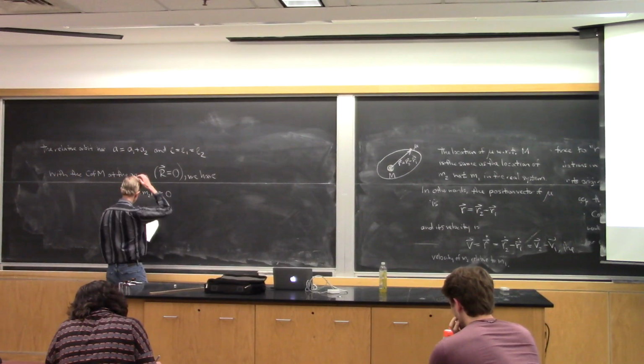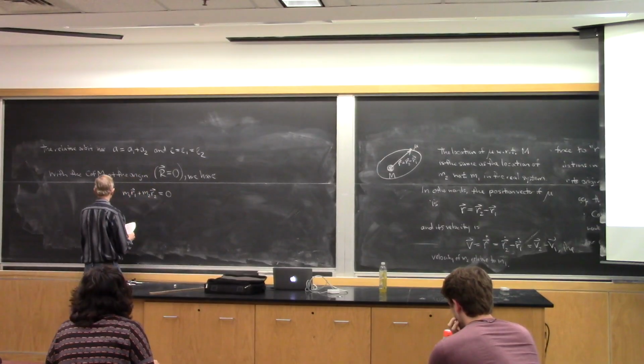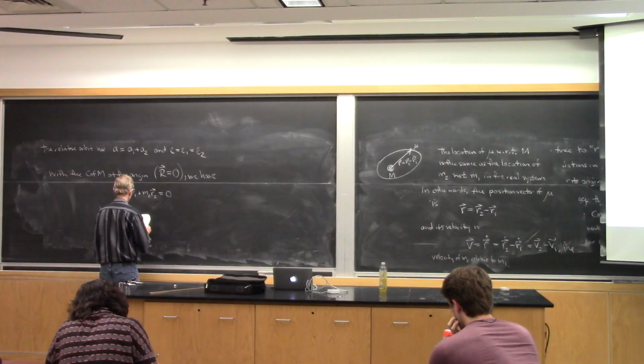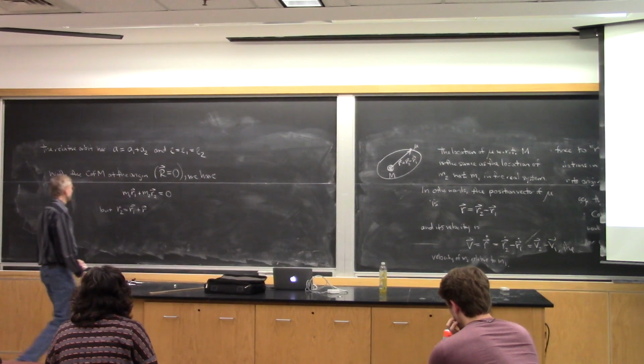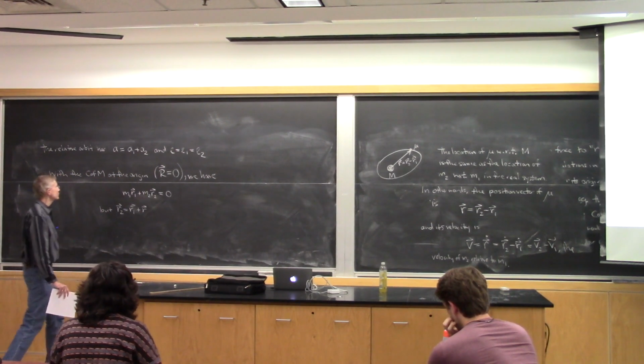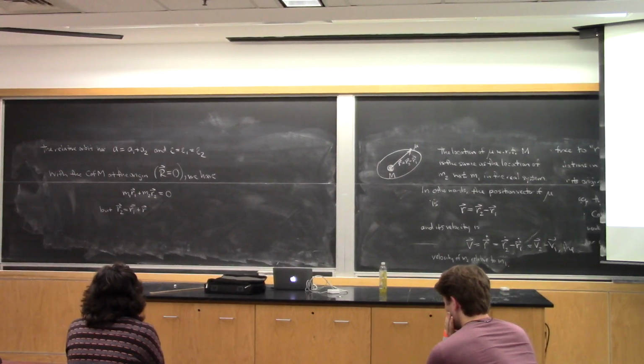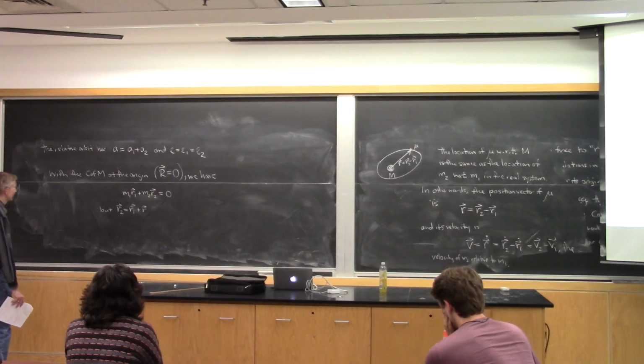And we can use the fact that R2 is R1 plus R, right? Because R was R2 minus R1, so R2 is R1 plus R. R being the relative vector between them, the relative separation, R2 minus R1.